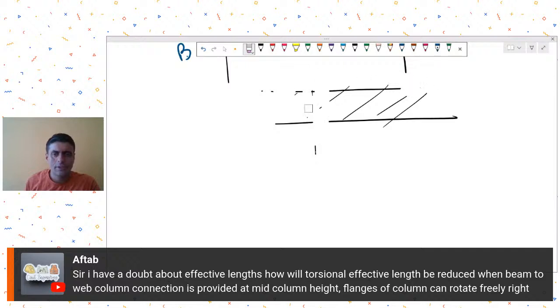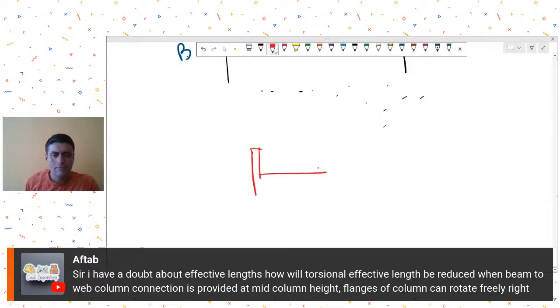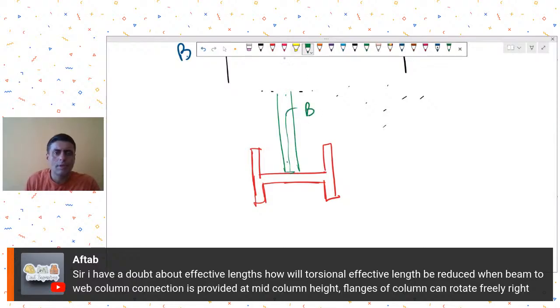You are saying that the beam is connected to the web. So in plan view, this is my beam, this is my column. Now, this beam is transferring shear forces. He's asking whether this will provide you torsional resistance or not.